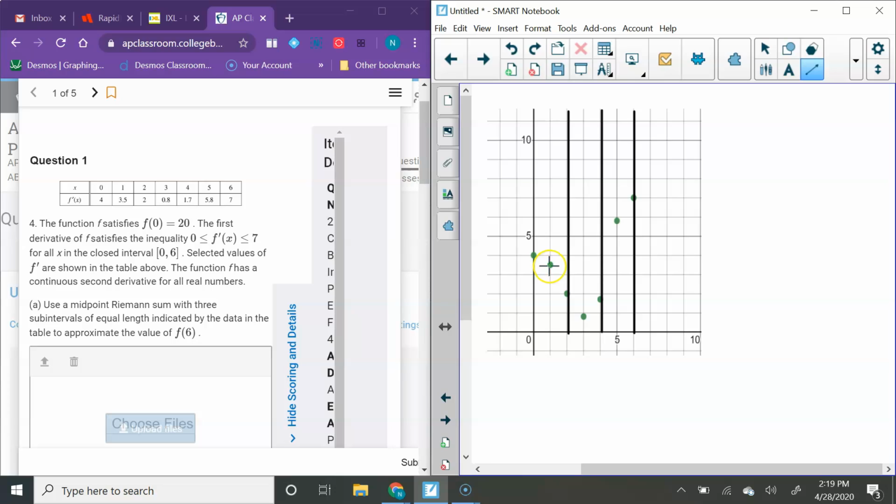We're not finding a midpoint, we're just using the point that's in the middle. So like right here between the point at 0 and at 2, we would use the point in there at the middle at 1. So that would be our rectangle here. And then down here we would have this rectangle, and then up here we would have this rectangle.